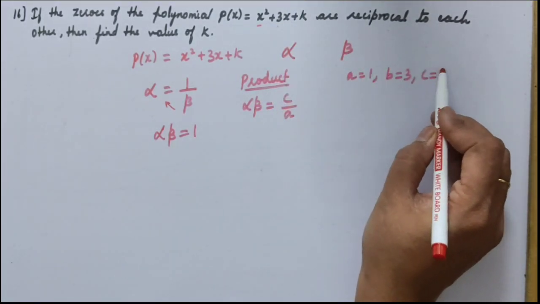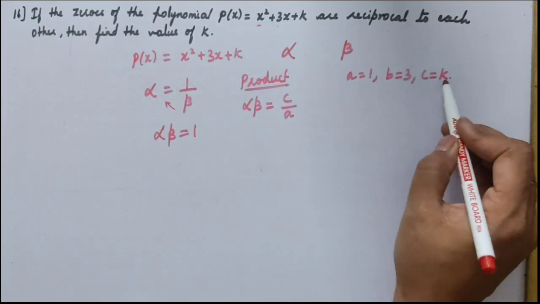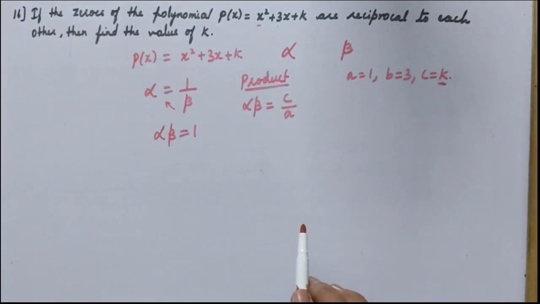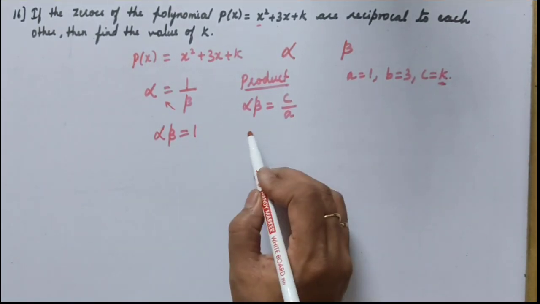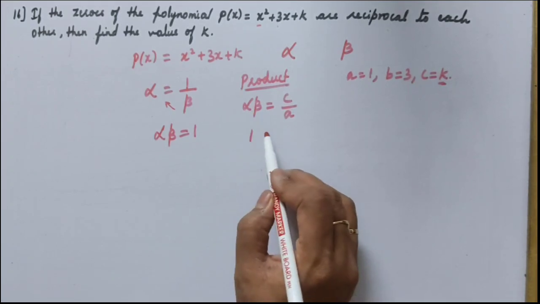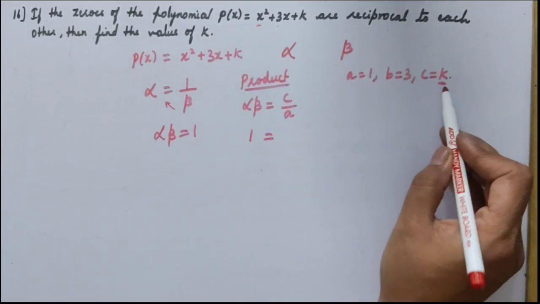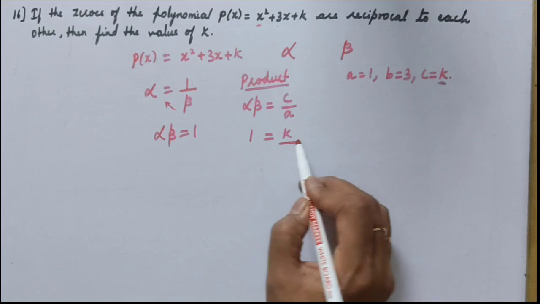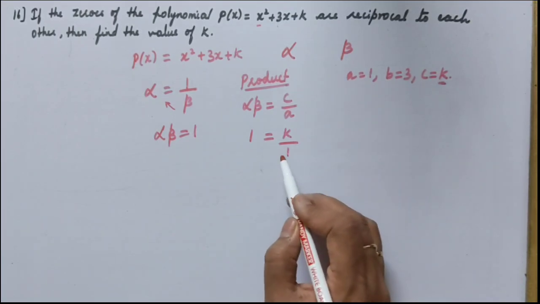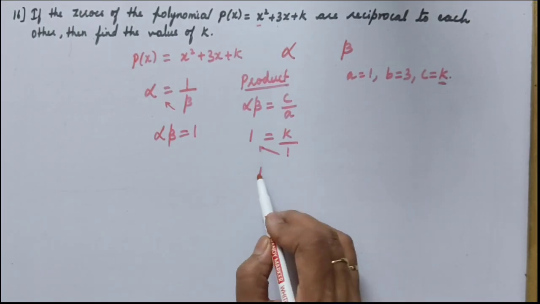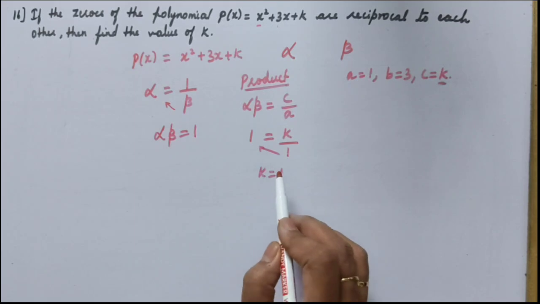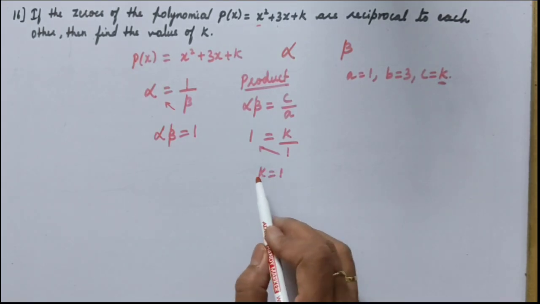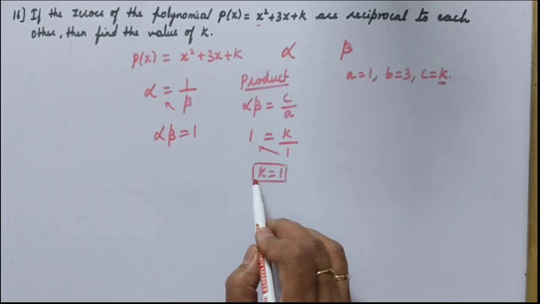And C is K. We need to find out the value of K here. Here alpha beta is 1. So in place of alpha beta, I write 1 is equal to C, which is K, upon A, whose value is 1. So cross multiply, we get K is equal to 1 into 1, which is 1. Hope this is clear, students. Right?